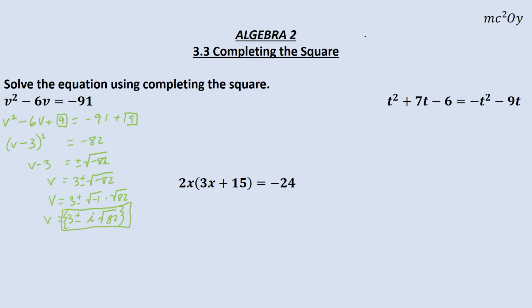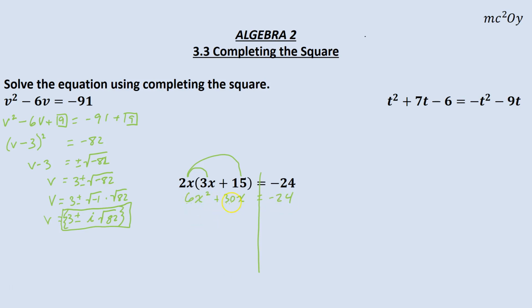All right. Now let's go ahead and try this one here. We're going to distribute. We're going to get 6x squared. We're going to get it into more of a standard form, plus 30x equals negative 24. Anytime you have an a term out here, you want to get rid of that a term by dividing by a.